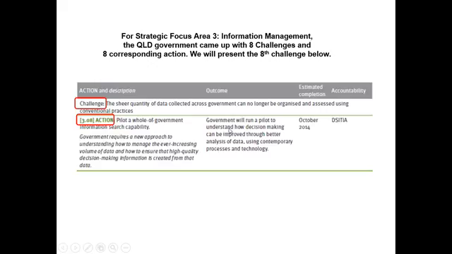The outcome is really about running a pilot to understand how decision making can be improved through better analysis of data using contemporary processes and technology, keeping in mind that this is an ICT strategy and action plan. The completion date is targeted for October of 2014, and this is the group that's accountable.